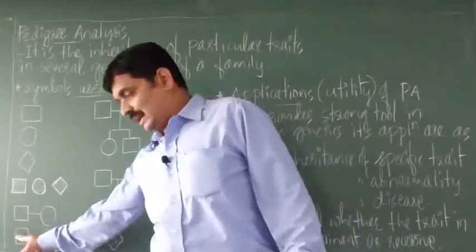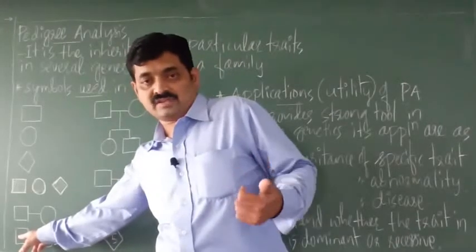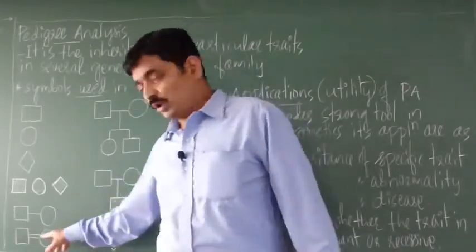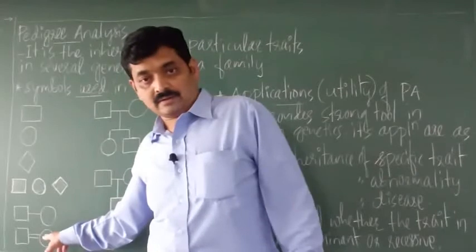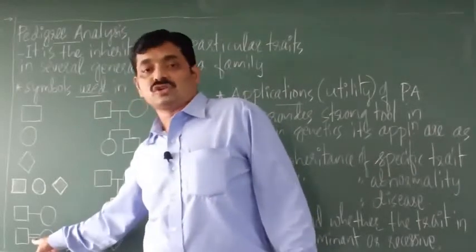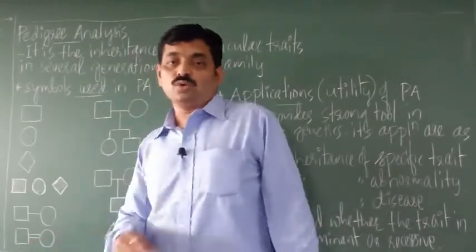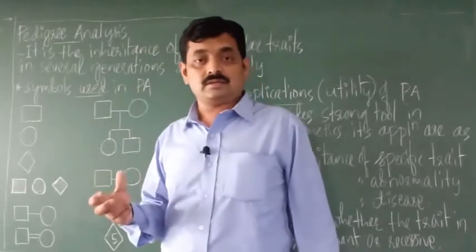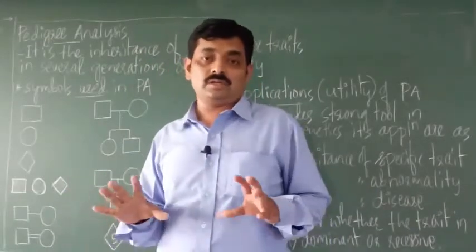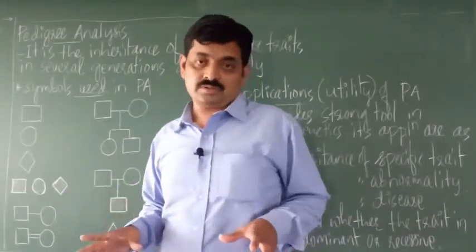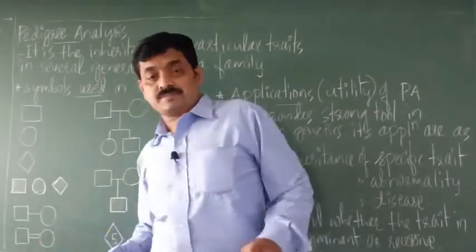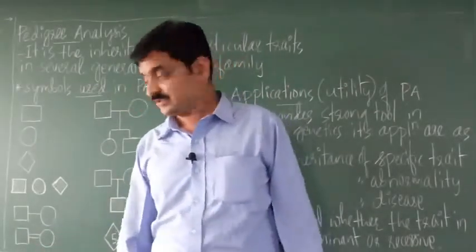The next symbol is again the same: the first symbol is for male, the second for female. Two horizontal lines indicate marriage or mating between close relatives. So this is a couple who belong to close relatives.